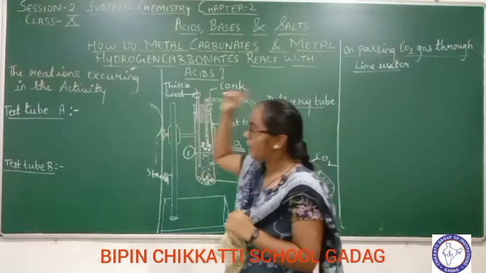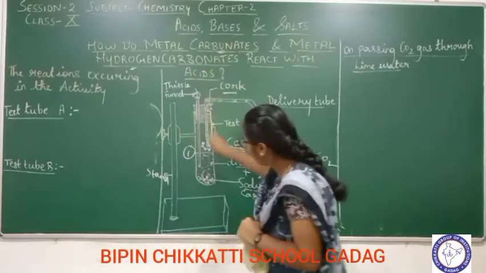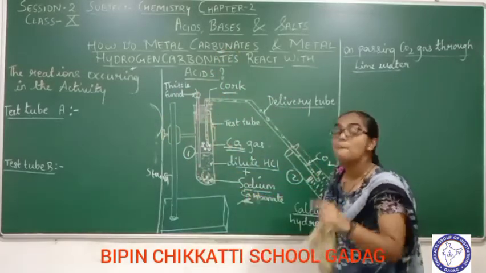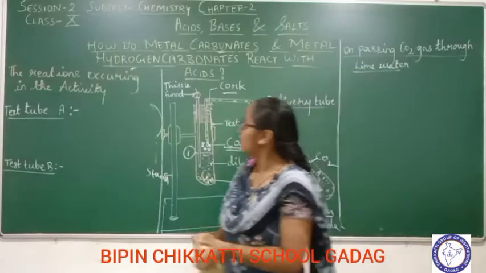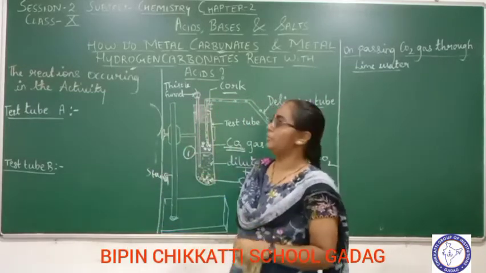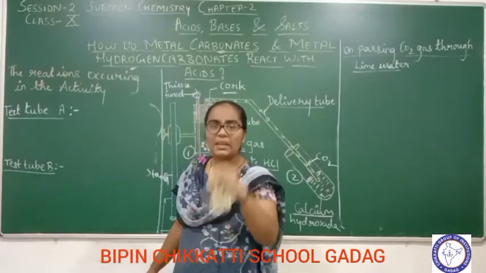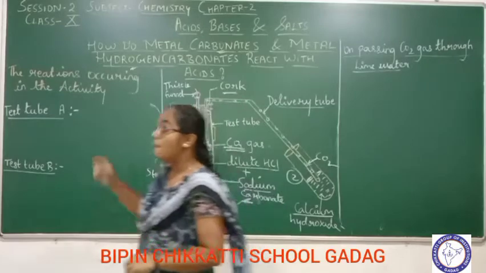So test tube A will be considered first with the metal carbonate. Whatever we have written over here is for metal carbonate. So let's understand this with the test tube A reaction happening there. Now in test tube A, what was the main reagent we added? Metal carbonate.